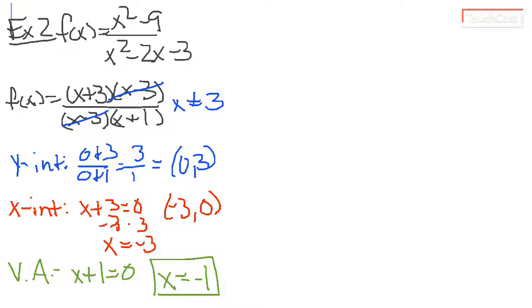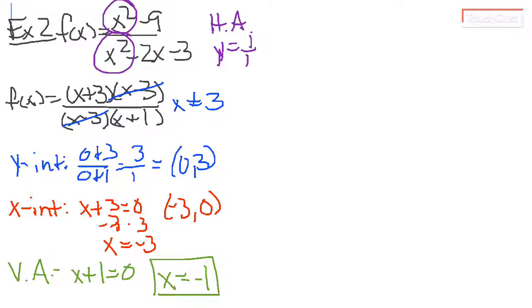Now let's also find our horizontal asymptote. Remember, with our horizontal asymptote, we look at our leading terms in our problem. We've got x squared and x squared. The coefficient to both of those is 1, so since they're the same, we're going to divide them.